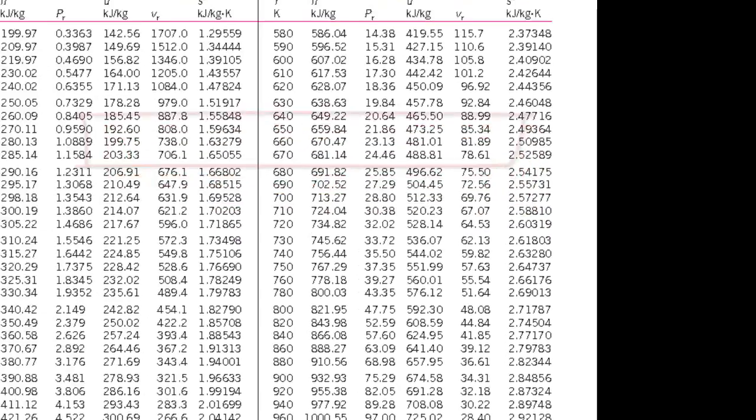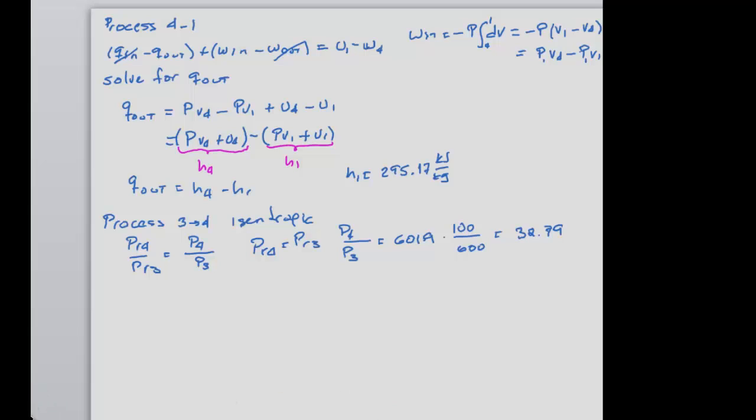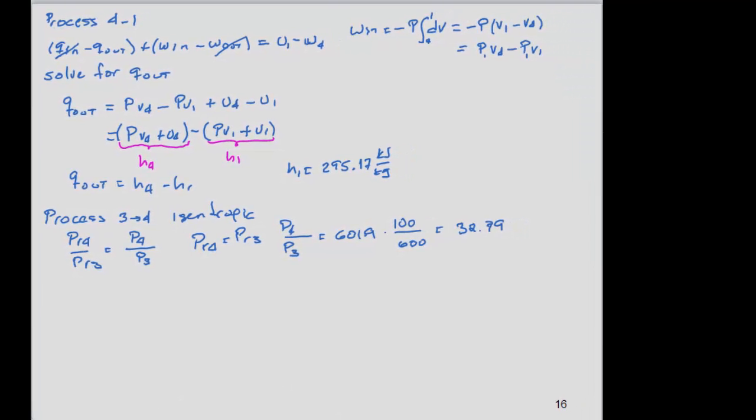So what we're gonna do is interpolate between these two values, 32.02 and 33.72.